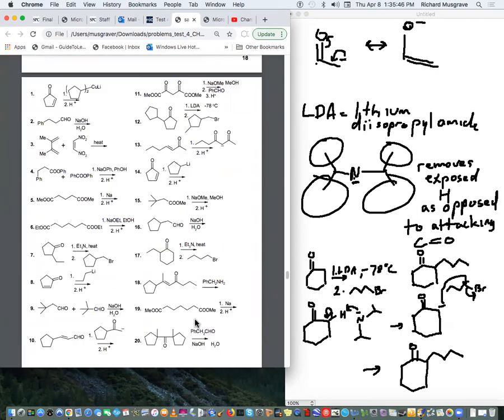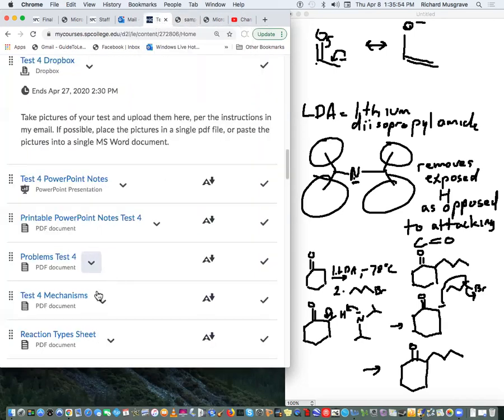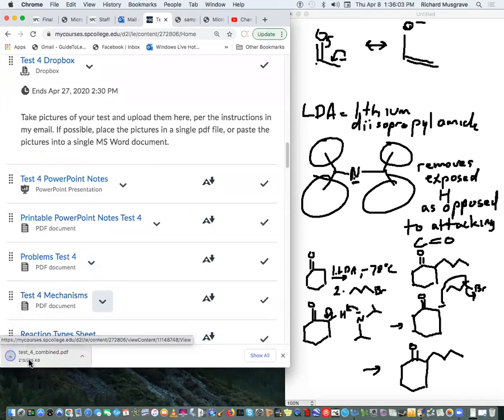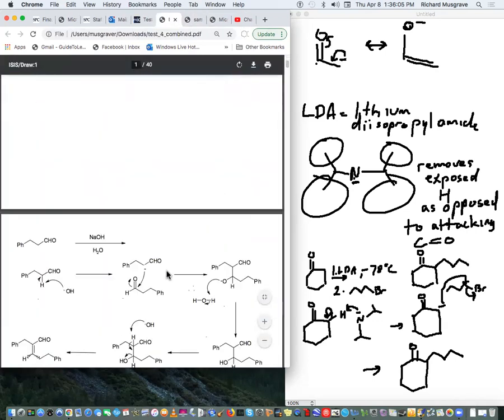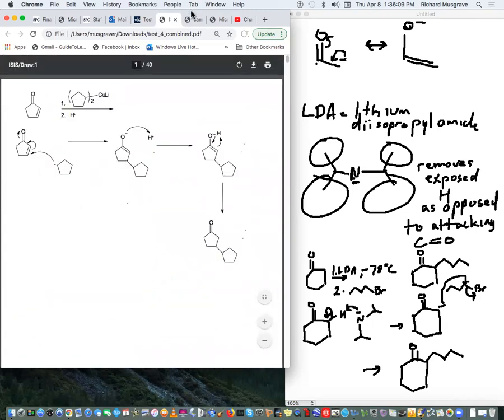So if you can do these and you can do the mechanisms, and all the mechanisms are in a file located down here, test 4 mechanisms, 1 per page, and compare your mechanisms against the ones that I have in that file, then you'll be on a good track.